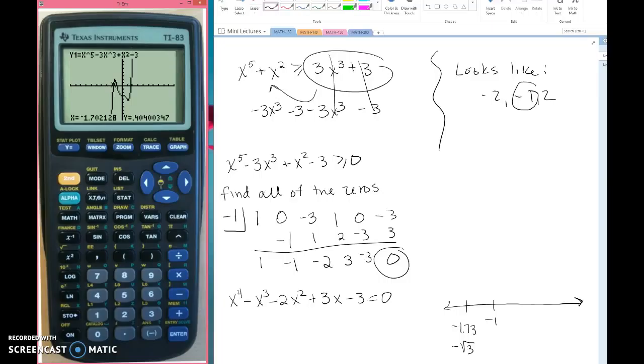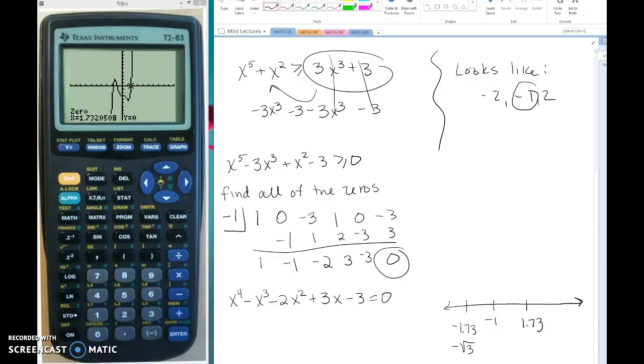Now we're already to the left of it, but we want to be kind of close to that 0. So there we are to the left of it, hit enter. We'll move to the right of it, hit enter again. And we'll see that's at 1.73, which would actually be the square root of 3. But I would count it right if you just did 1.73.